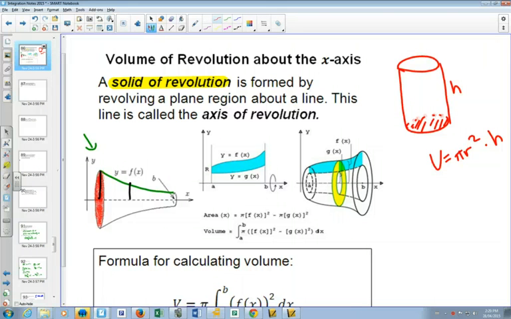If I rotated that around 360 degrees, I would get another little circle. And if I put all of those circles together, that would fill in this whole shape and give me a volume. So how do we do that?